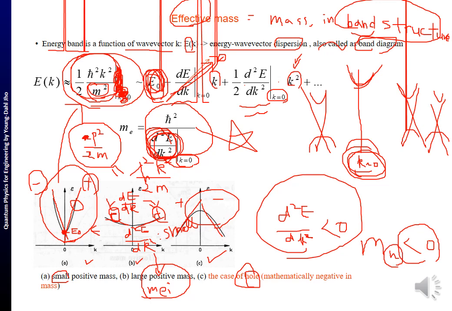And then in research papers, we just use positive values. So it is mathematically negative, but in the physical description of a hole, we use positive values. If there is anything unclear or you are curious about, then leave comments.